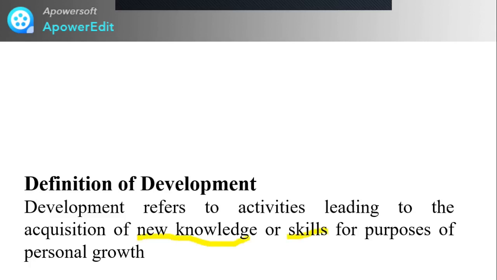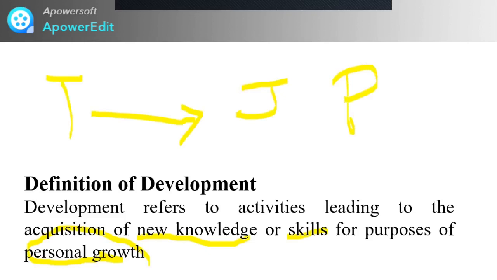However, we are acquiring new knowledge and skill through a systematic way for the purpose of personal growth. Training leads to job performance. However, development leads to personal development, personal growth, and personal achievement.